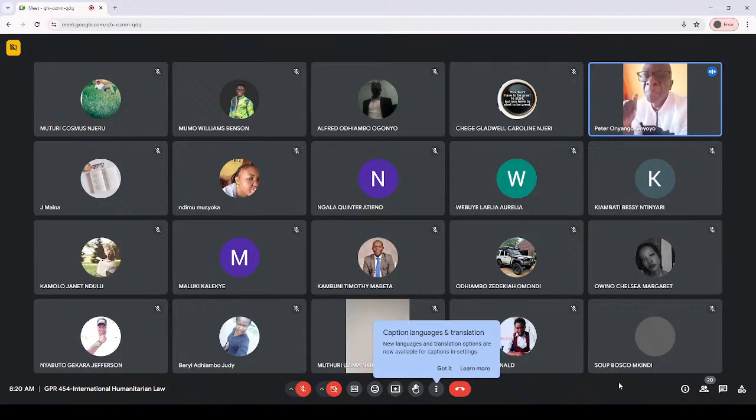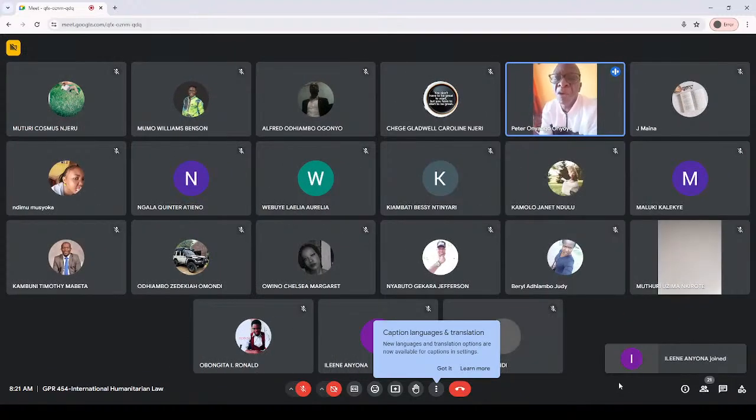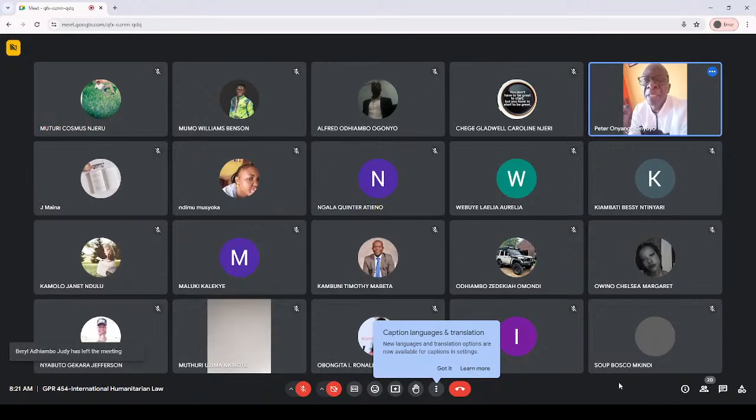Now, let us say precaution stands for being careful, but also it is taken to mean having duty, or let us say owing duty to the other person. So that kind of responsibility that you owe to other people is about the precaution, in the sense that even that weapon you are using should not damage the environment.